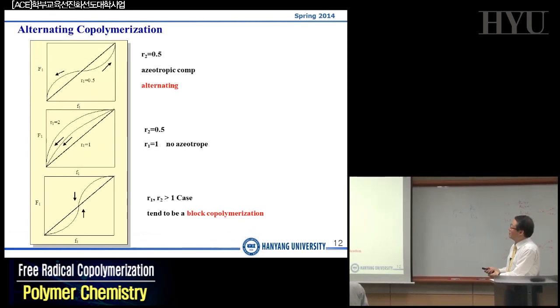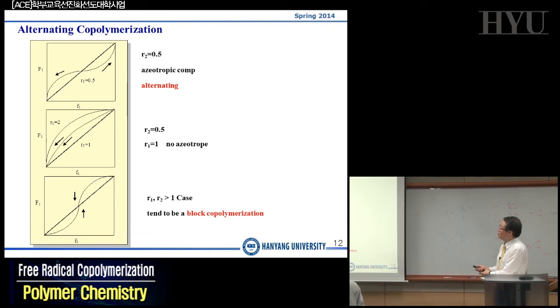When R1 is equal to 0.5 and R2 is equal to 0.5, then you have crossing at this point, okay, and therefore it will reach an alternating tendency.